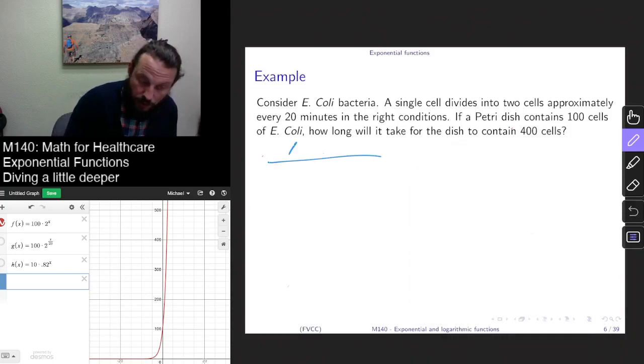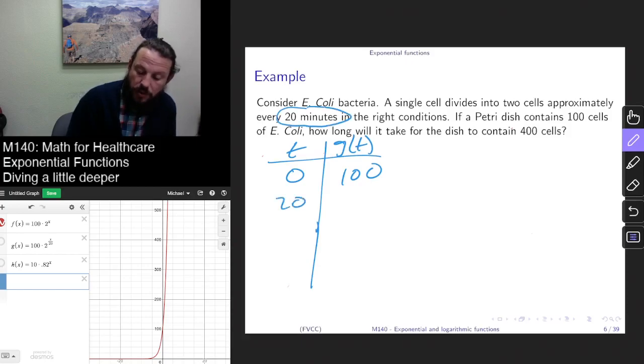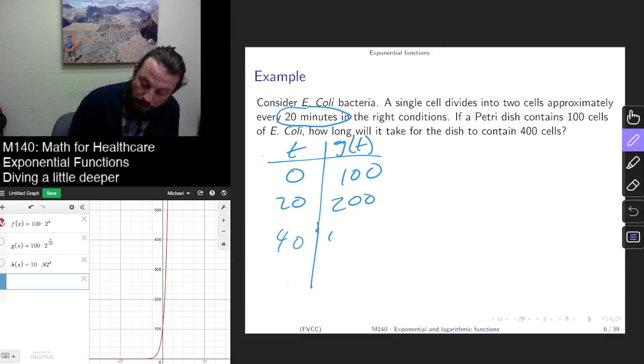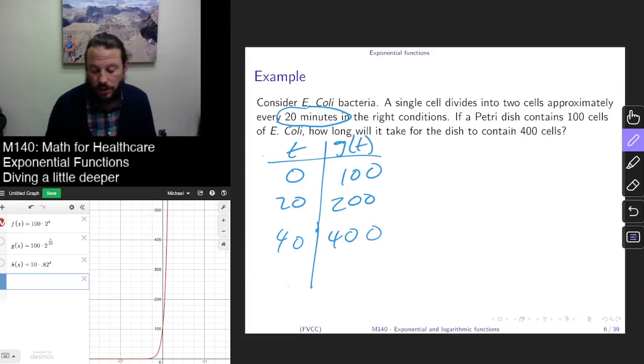So t, and then I'm going to call this function g of t, just to be different. We know at 0 we have 100. I'm going to skip some now because it's every 20 minutes. After 20 minutes I have 200 cells, and after 40 minutes I have 400 cells. And that's how we could answer that question.